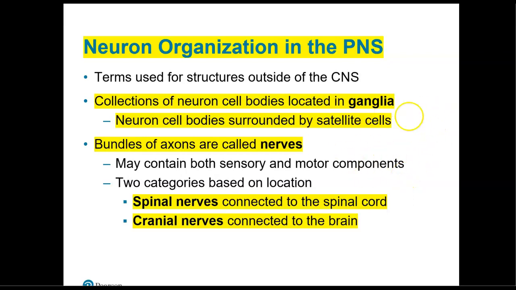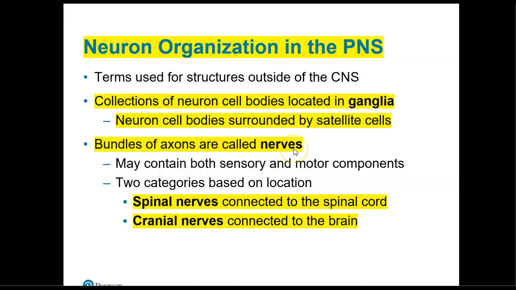Now, you might hear the term ganglia. In the peripheral nervous system, ganglia would be collections of neuron cell bodies surrounded by satellite cells. And then nerves are bundles of axons. Some of those nerves can be motor and some are sensory, so that would be a mixed nerve.